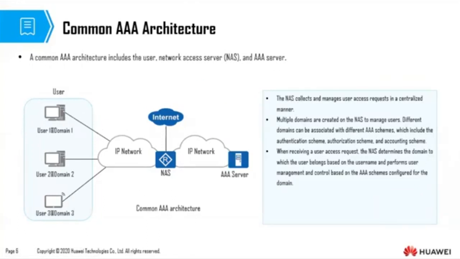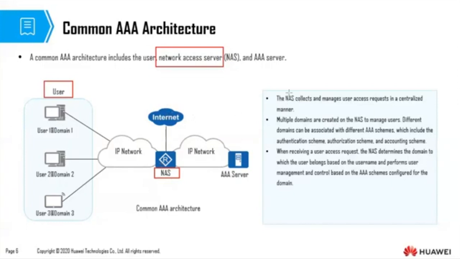Okay. So this is the common architecture for AAA. Really, you need to understand that we have three things in the AAA network architecture. The first one is the user, you who want to access network resources. The second one is what we call the NAS, the network access server.